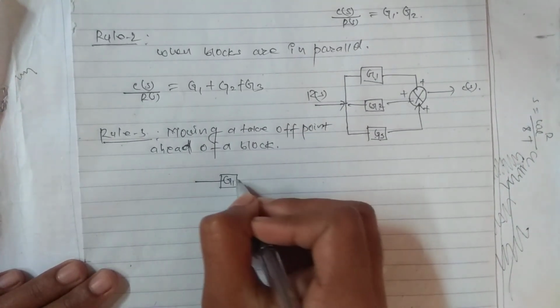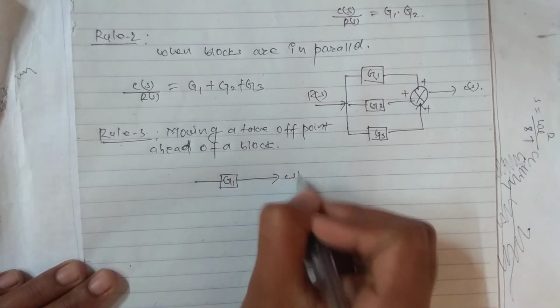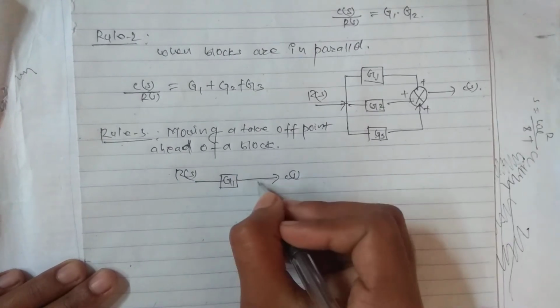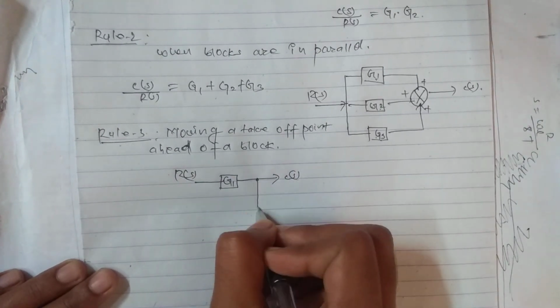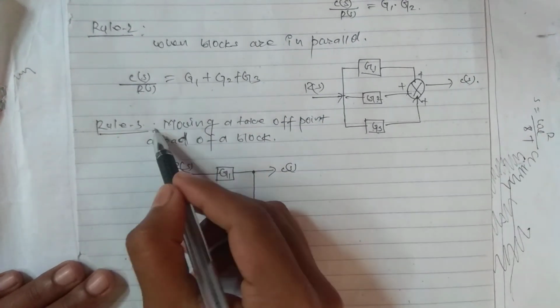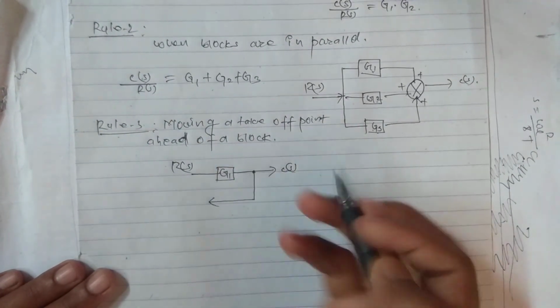Let's suppose we have G1 here and C(S), and here we have the takeoff point. So we have rule 3, moving a takeoff point ahead of a block.